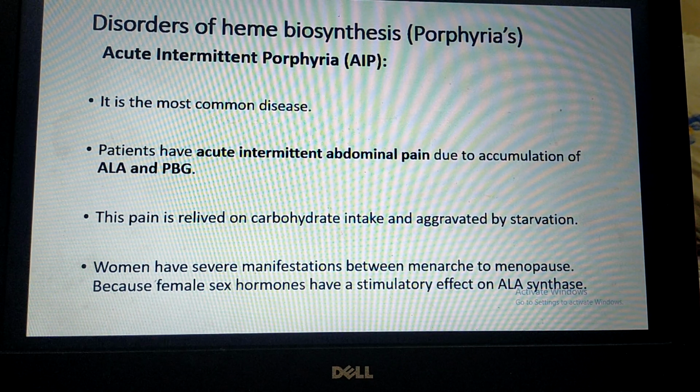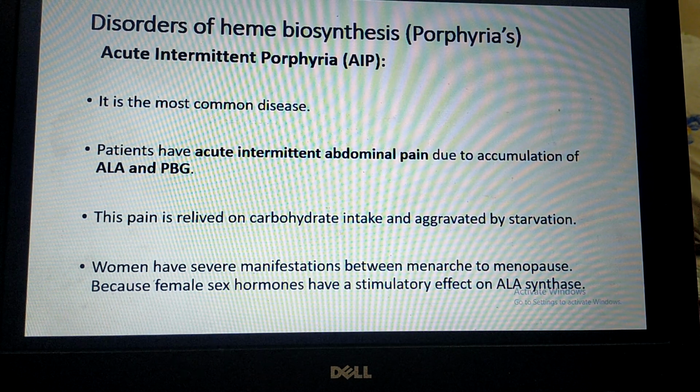Acute intermittent porphyria is the most common among the porphyrias. The patient has acute intermittent abdominal pain due to accumulation of ALA and PBG. This pain is relieved by carbohydrate intake, because again we have to recall the regulation of heme biosynthesis.